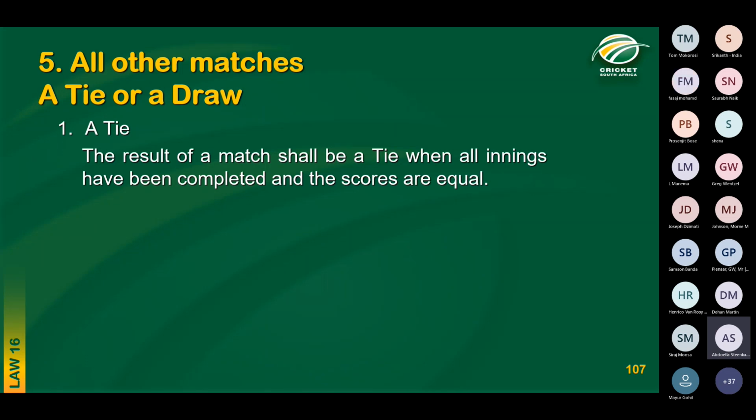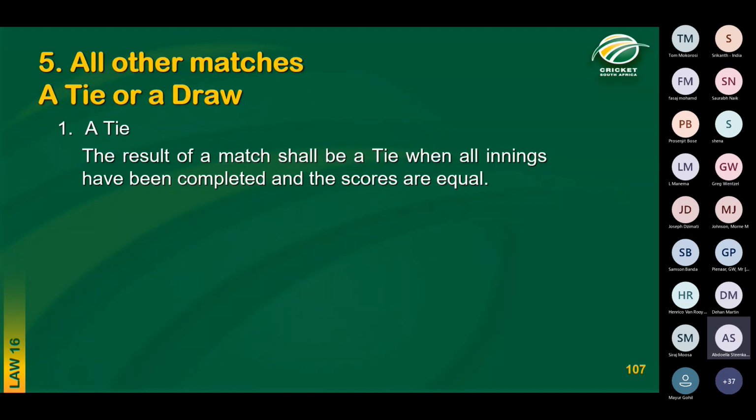Let's say it's a 2 innings match. Side A scores 100 runs in their first innings, side B scores 50 runs in their first innings, side A bats again and scores 100 runs in their second innings, and in the fourth innings of the game, side B was dismissed for 150 runs.